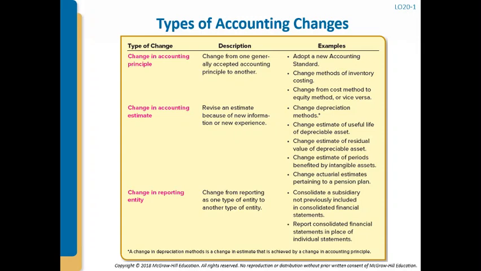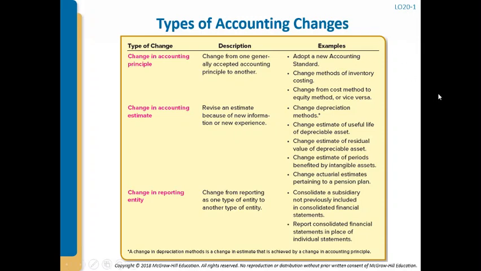The second type of change is a change in accounting estimate. Here, you're seeing a revision because the facts have changed. New information has been received.